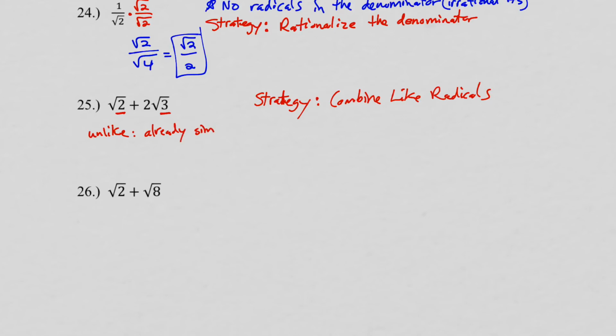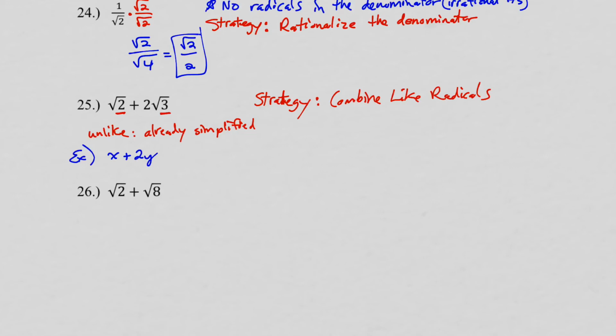We won't be able to combine any terms here. An example would be something like x plus 2y, okay? You can't put x plus 2y together because those are unlike terms. You can't make 3 out of that.